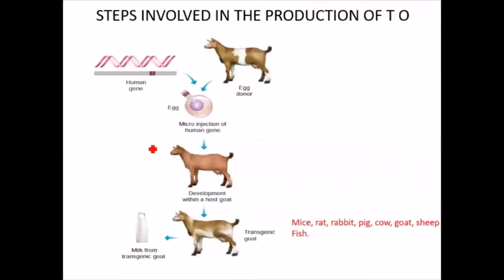Now see the steps involved in production of transgenic organisms. First step, identify and isolate the desired gene, a gene whose function is known. Can you give an example of a known function gene?